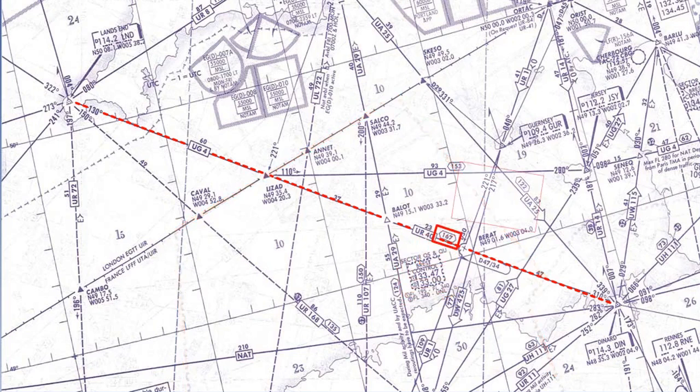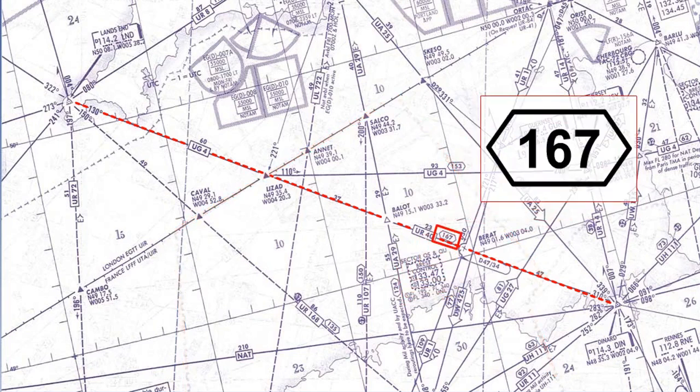The figure 167 contained within the hexagonal box shows the total distance between the VORs at Land's End and Dinard. This can be confirmed by adding the sector distances along the route of 60, 37, 23 and 47.